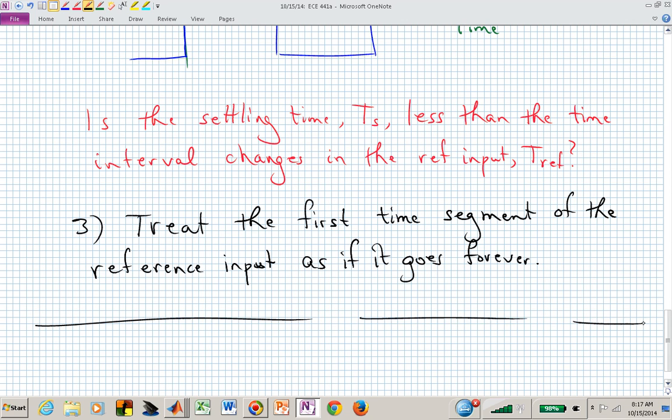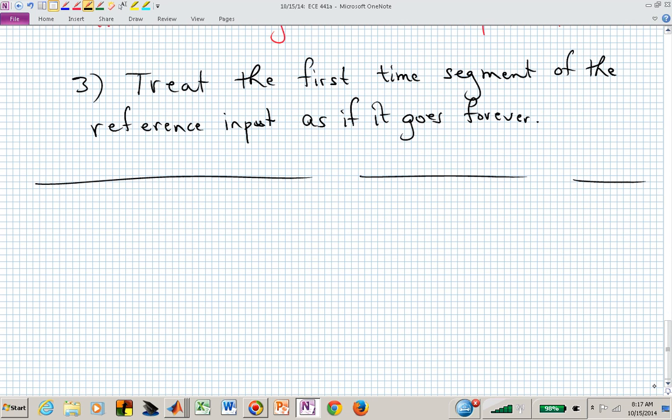Now let's use those three assumptions to try to obtain the steady state error from these systems we looked at the last time. Let's now find the error steady state for last lecture's systems.